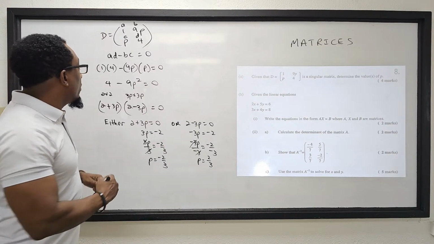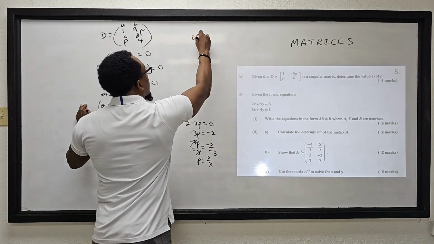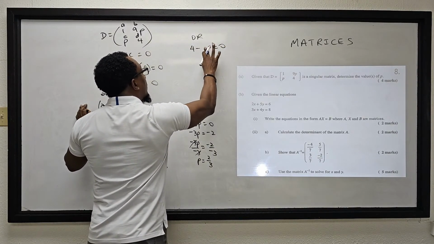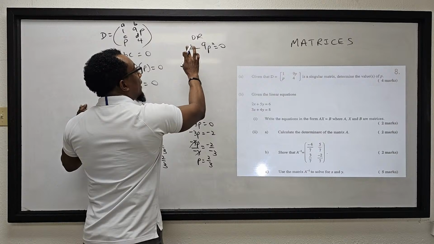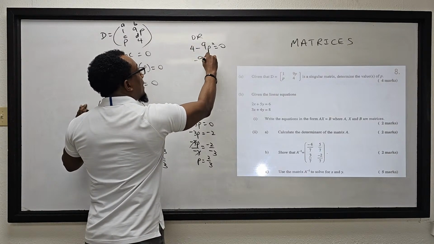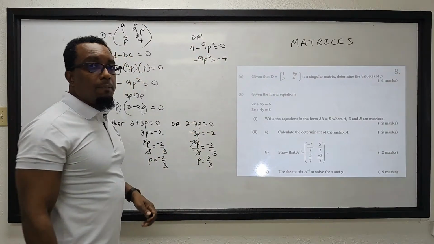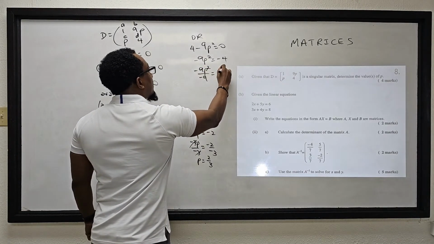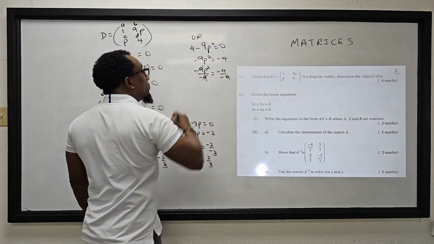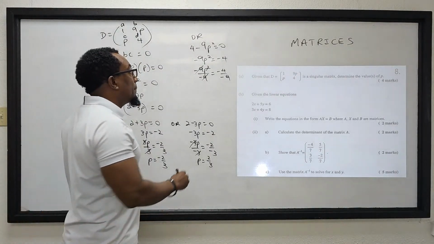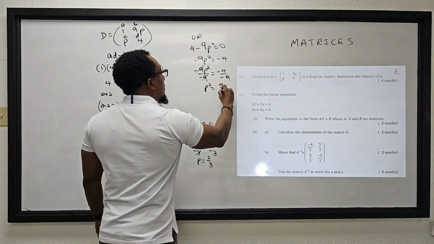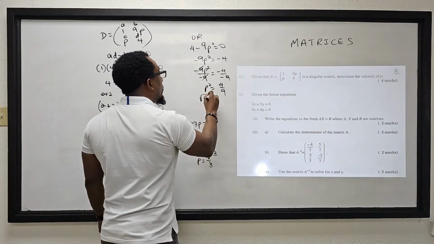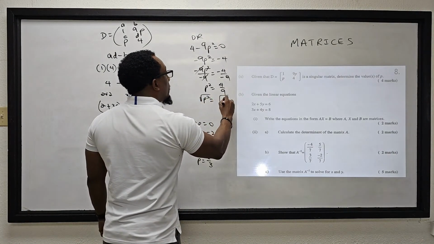Or you can do it this way: 4 minus 9P squared is equal to 0. Subtract 4 from both sides, 9P squared is equal to negative 4. Divide both sides by negative 9. So 2 negative 9s divide into each other. You're going to get P squared is equal to positive 4 over 9. But then to get P by itself, you have to find the square root of P squared, the square root of 4 over 9.